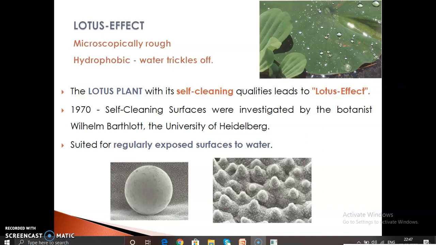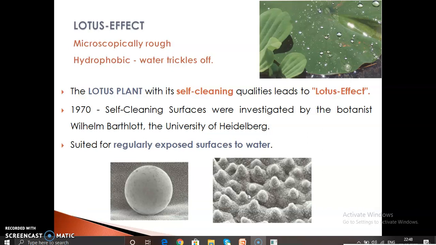That is what the image at the bottom shows: the microscopic image of the surface of the leaf. Since it has a rough surface, water particles do not penetrate or stay on the surface. They just run off. This is also called the hydrophobic or water-trickles-off concept.